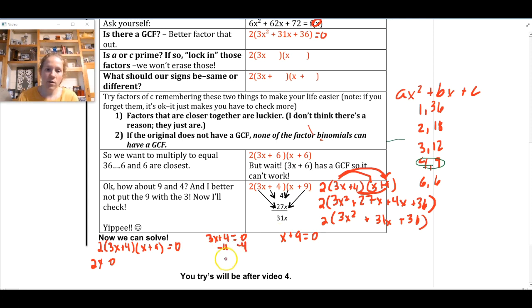When I subtract 4, I get 3x equals negative 4, and then I divide by 3, and I get negative 4/3, or negative 1.3 repeating. Over here, I subtract 9, and I get x equals negative 9. So if I were to graph this, I would expect to see x-intercepts at negative 9, 0, and at negative 1.3, 0. If I'm just solving it, then my two possible solutions are negative 1.3 and negative 9.